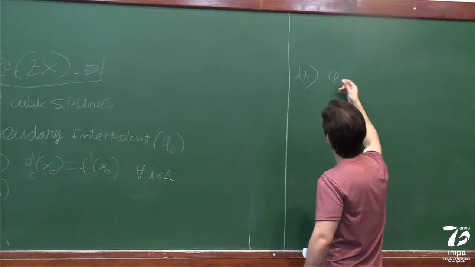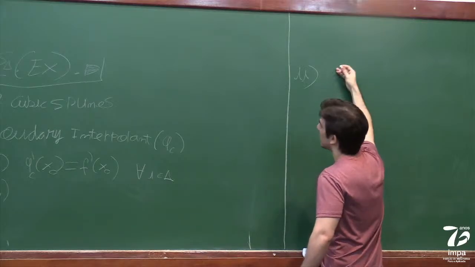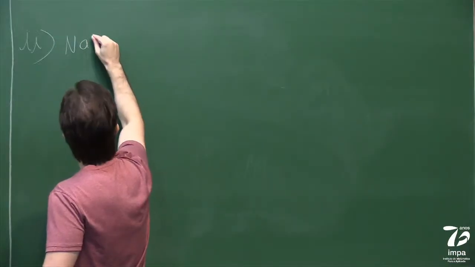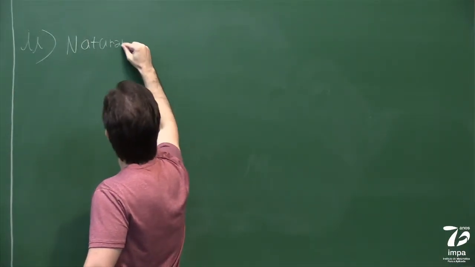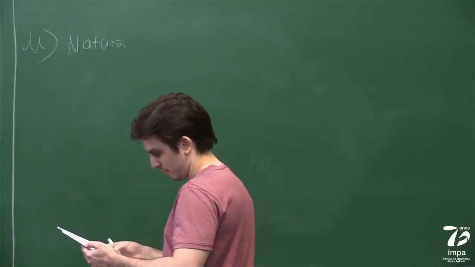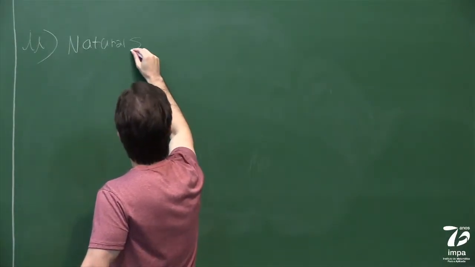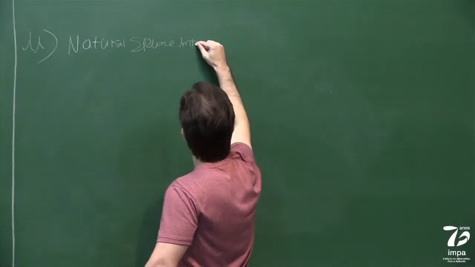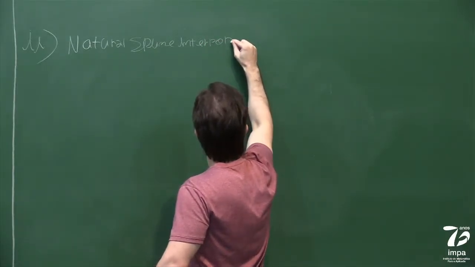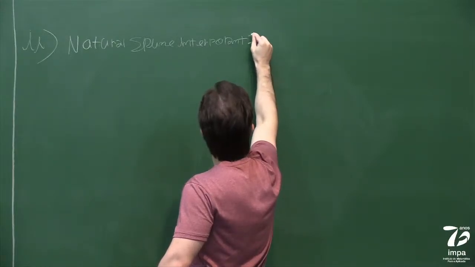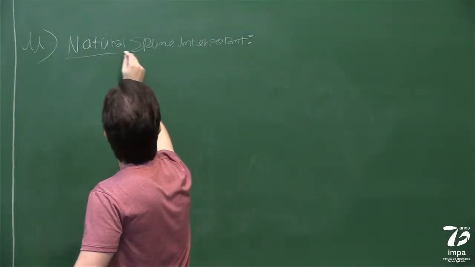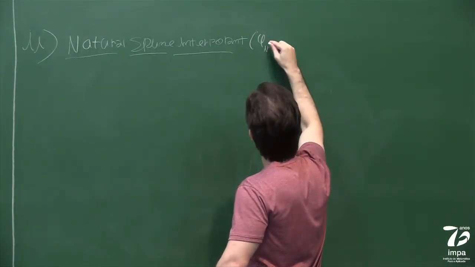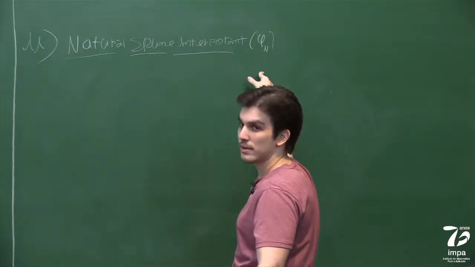Clamped boundary interpolant, natural spline interpolant, which we call phi sub n. This n means natural.